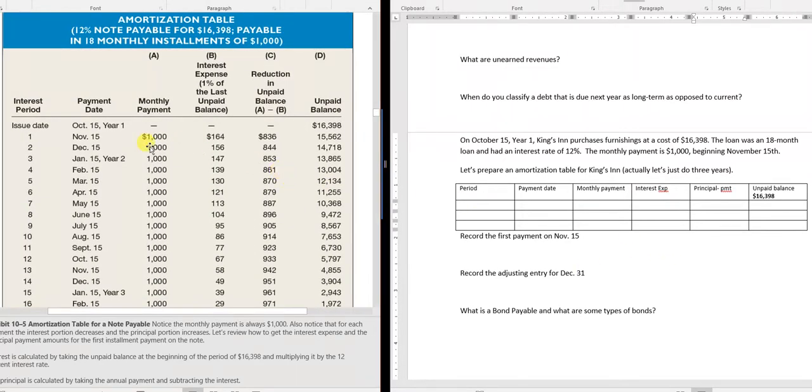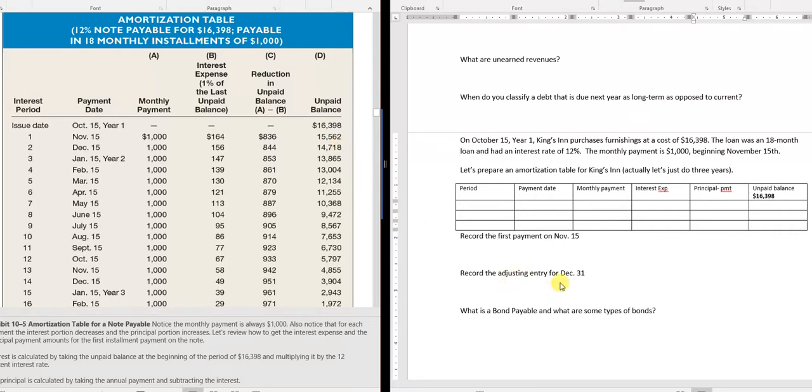So your December 15th entry is a credit to cash for $1,000, a debit to interest expense for $156, and a debit to installment notes payable for $844. So it's the same debits and credits as that journal entry you made for November 15th, except you're going to use the December 15th numbers. So now my balance is $14,718.